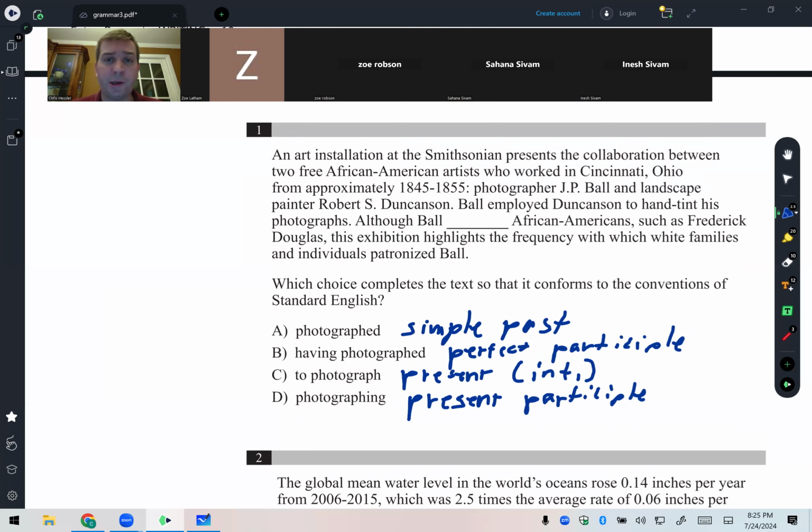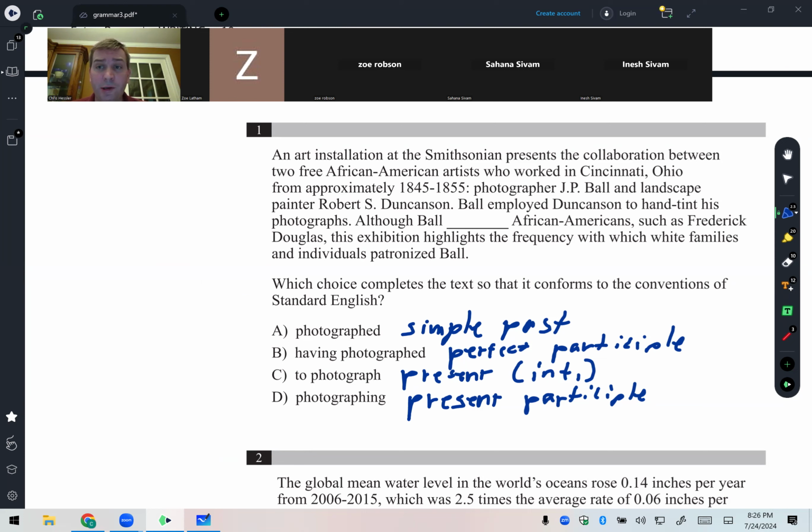All right, I'm going to read the question. An art installation at the Smithsonian presents the collaboration between two free African American artists who worked in Cincinnati, Ohio from approximately 1845 to 1855. Photographer J.P. Ball and landscape painter Robert S. Duncanson.